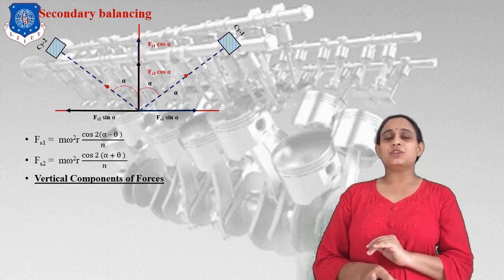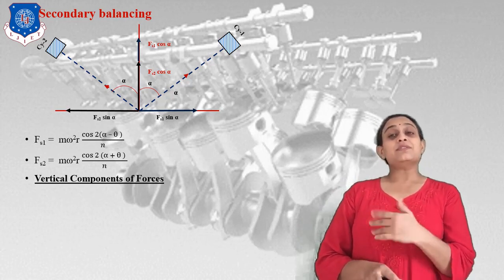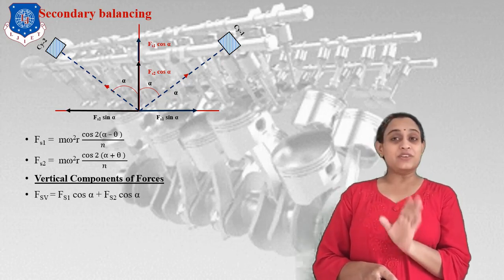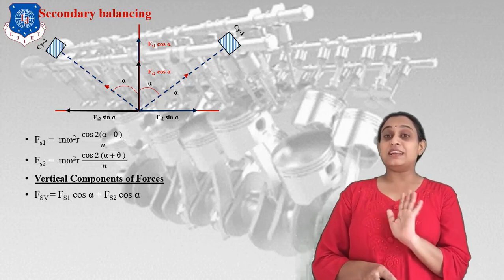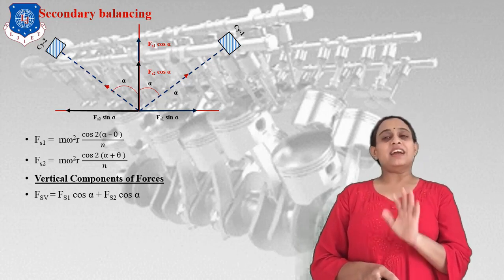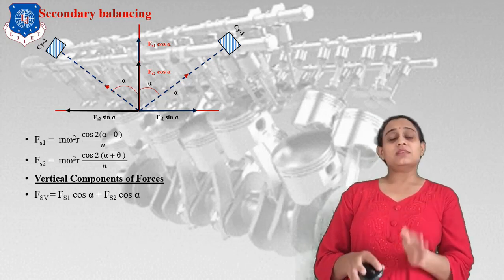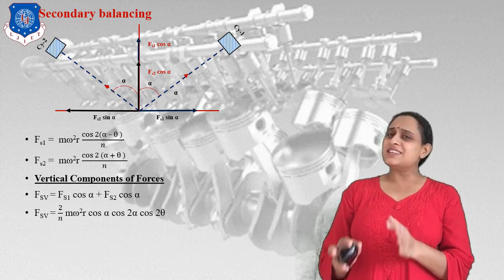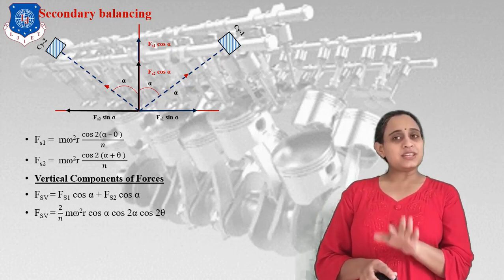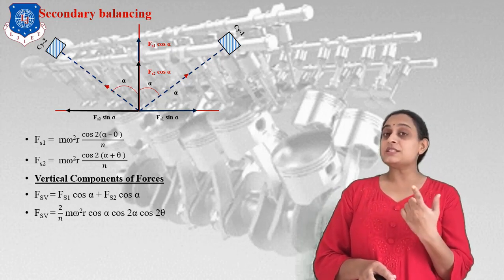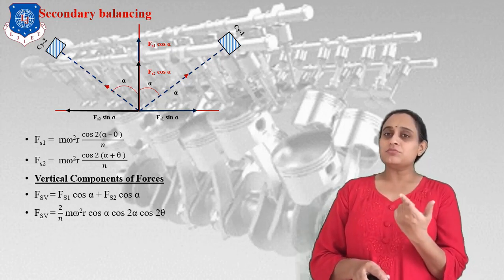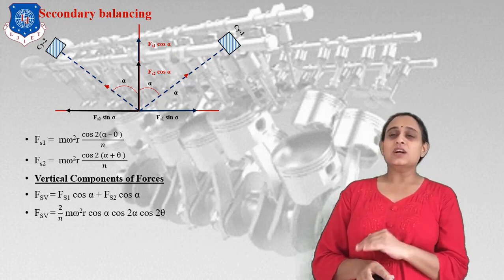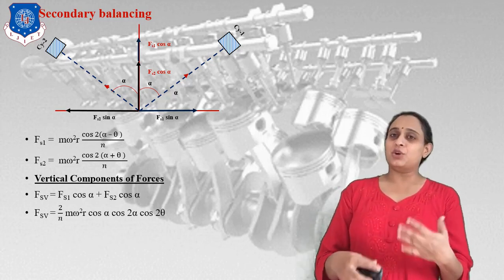So Fs1 cos alpha plus Fs2 cos alpha. By putting and solving both the equations as you have already studied in primary forces, in the same manner we get 2 by n m omega square r cos alpha cos 2 alpha cos 2 theta. The equation is the same here, but what is the difference? Because the angle is multiplied by 2, we get the multiplication by 2. Clear? 2 alpha and 2 theta. I want to say this.